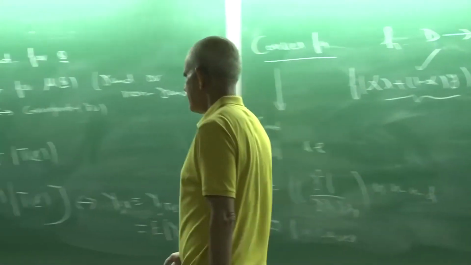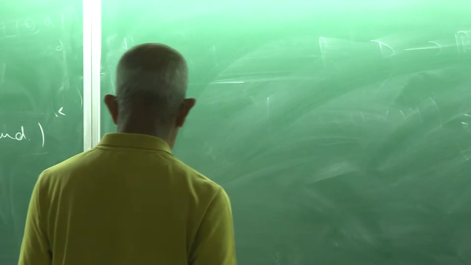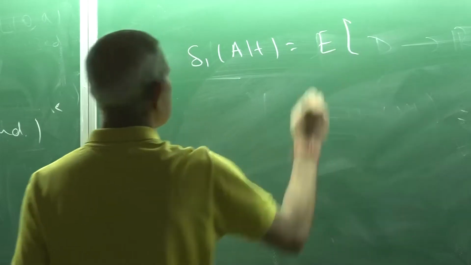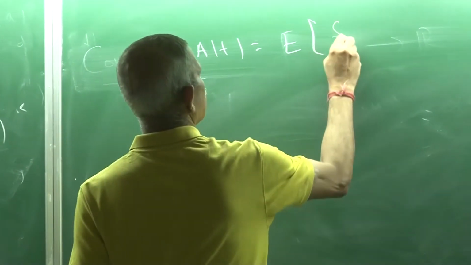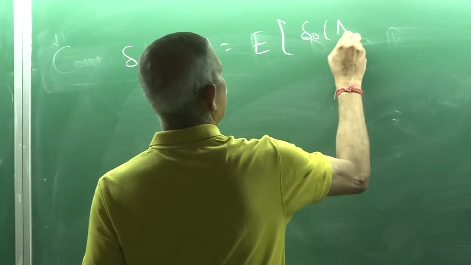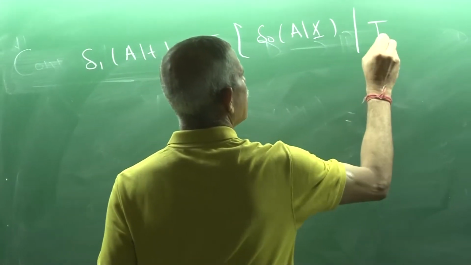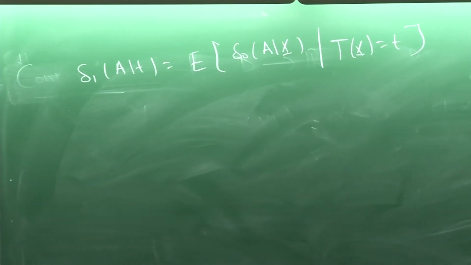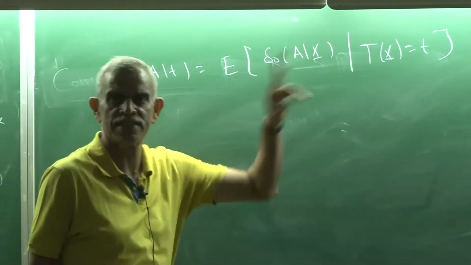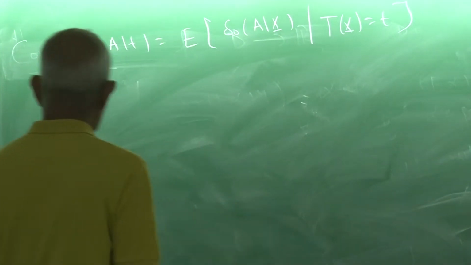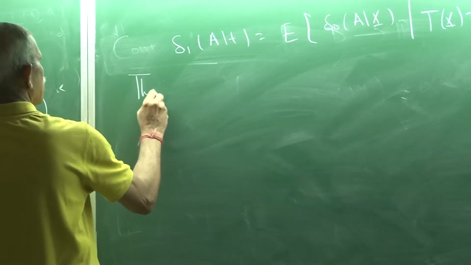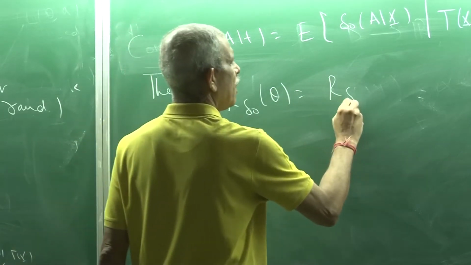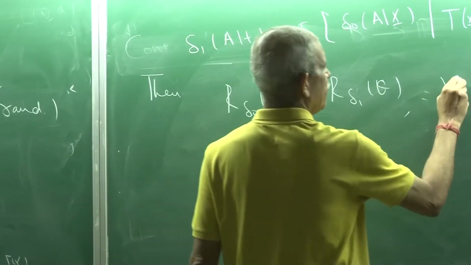So basically what you have is delta 1 A given t is nothing but expected value of delta naught A given x, given that Tx equal to t. Right? So this expectation is with respect to conditional distribution of x, given that Tx equal to t. Then R delta naught theta is same as R delta 1 theta for everything.